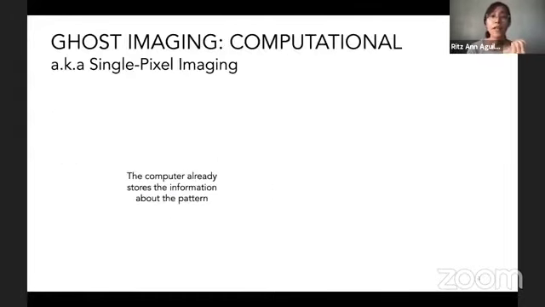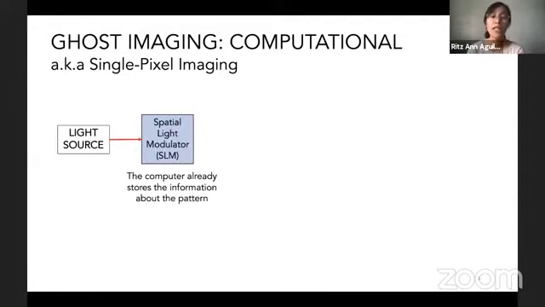Now, with this technique called computational ghost imaging, what it does is to pass on the two-dimensionality of the detector array to your light source through the use of a spatial light modulator, for example, which modulates the intensity of the light source or the phase. In this case, what we need is to modulate the intensity of the light source.